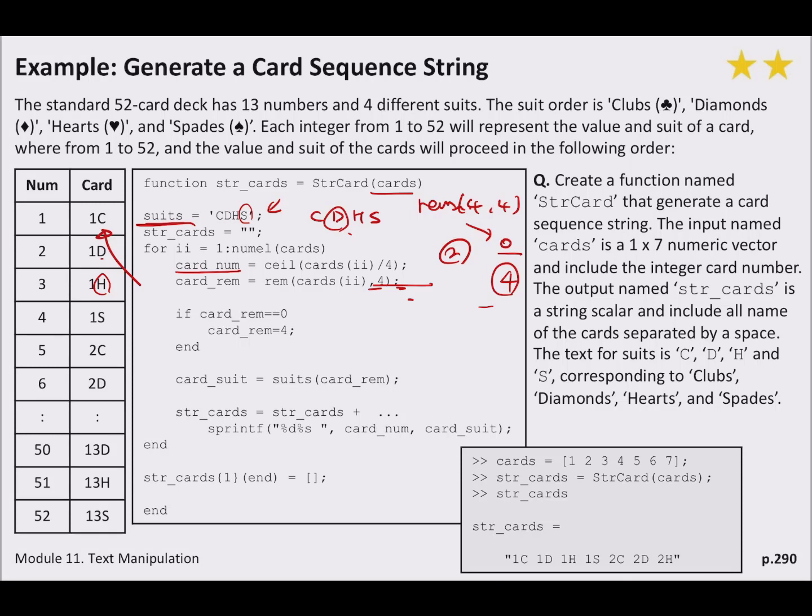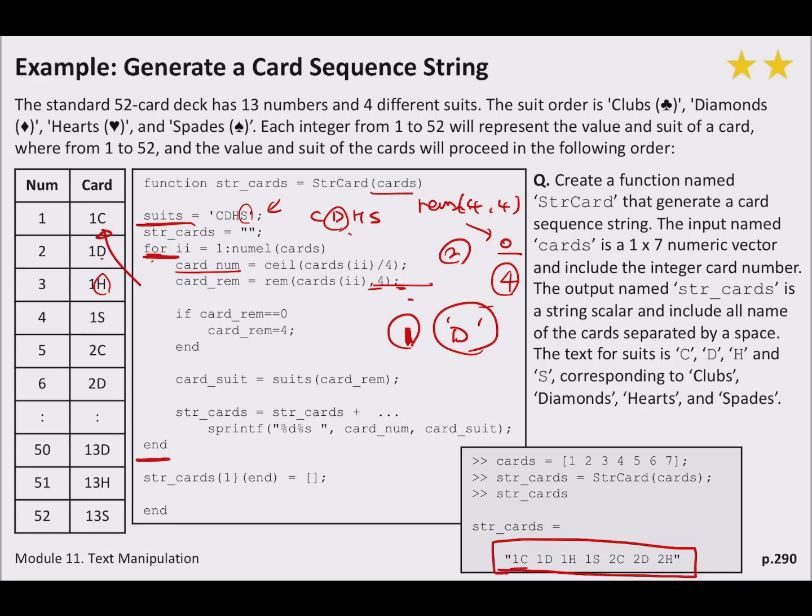Here, how do we generate this text? We make a loop structure here, read the individual integer card number, and then get the card number and suit.